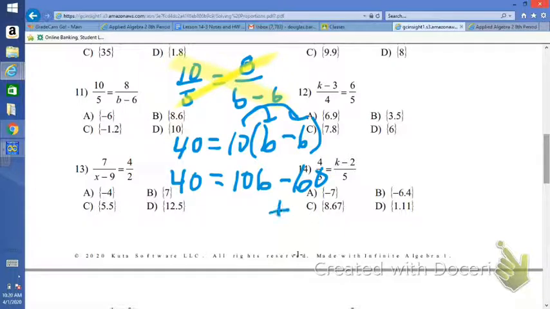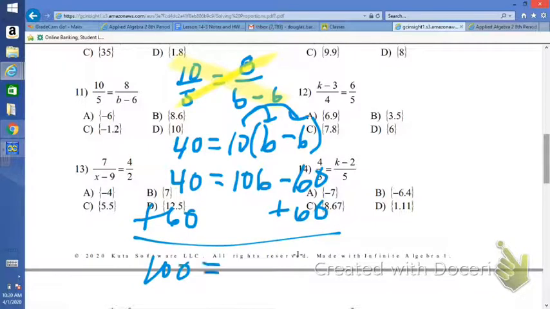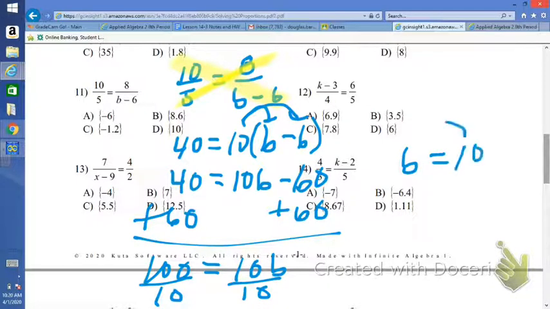Alright, now we'll solve for b, so we have to add 60 to both sides. So you have 100 equaling 10b. Divide both sides by 10. So b equals 10. Alright, so your answer for number 11 is D.